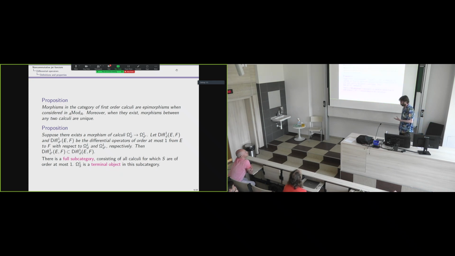And about the differential operators, if you have two calculi and there is a morphism between them, then the differential operators for the codomain calculus are also going to be differential operators for the source calculus. And so this terminal calculus for S is going to end up being the terminal object in a new category of first-order differential calculi, which consists of all of those for which all elements of S are differential operators of order at most 1.